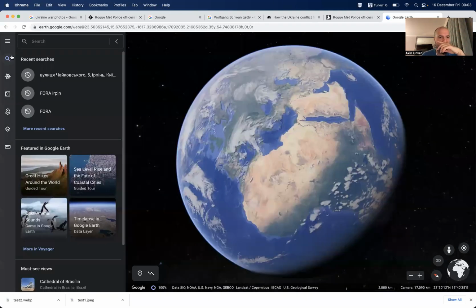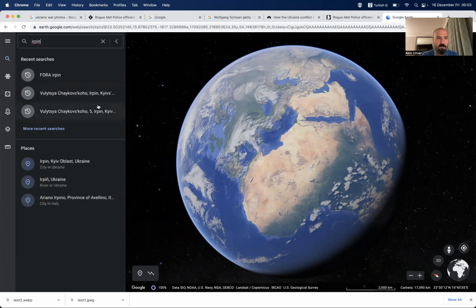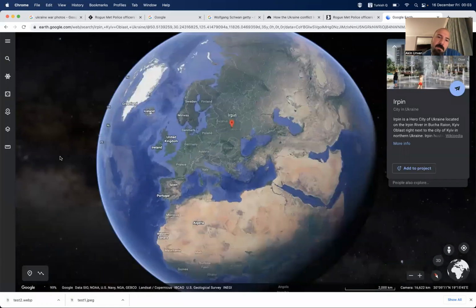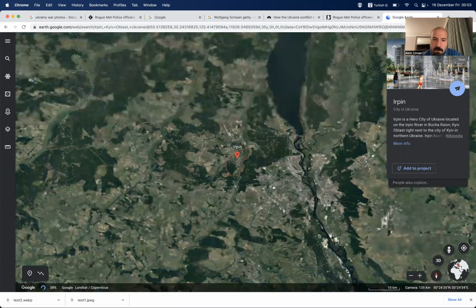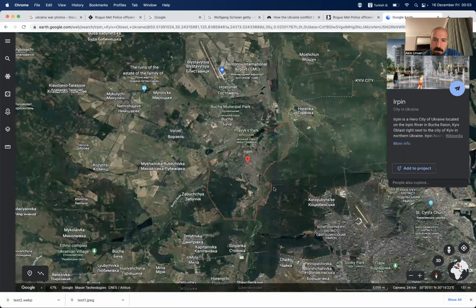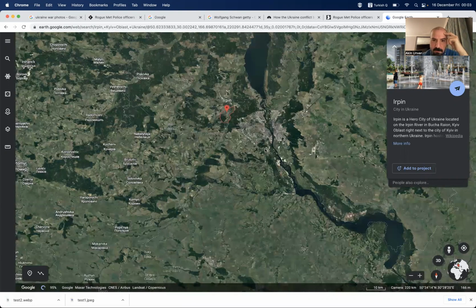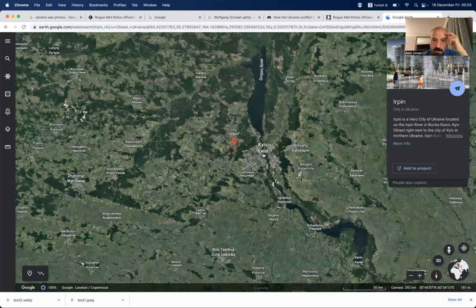If you are interested in using it, you can just play with it. It's really fun. But what I'm trying to do is go to Irpin, Ukraine, and orient myself to where Irpin is relative to the Dnipro River. It's close to Kiev, the capital city.